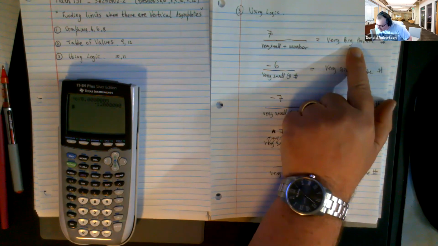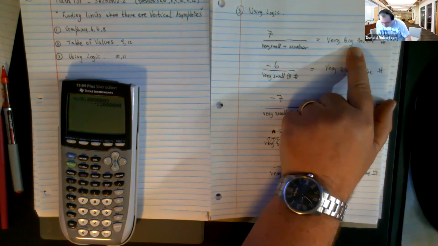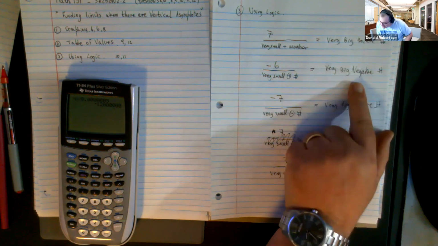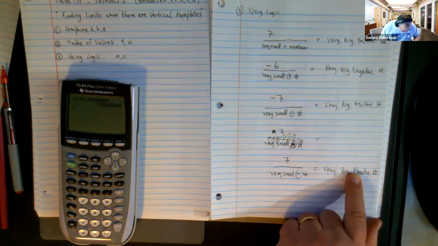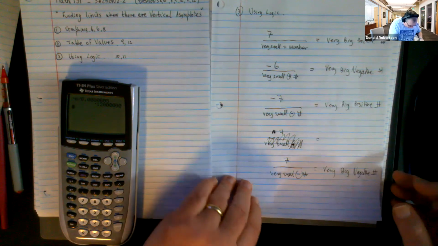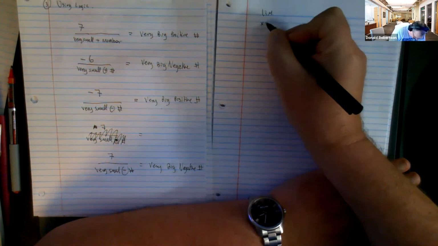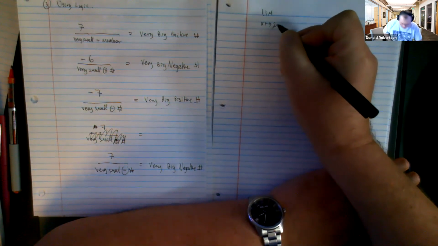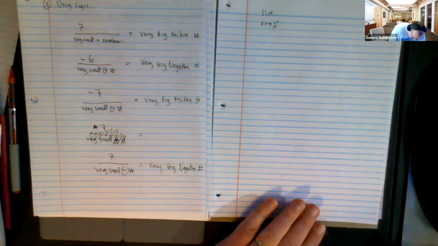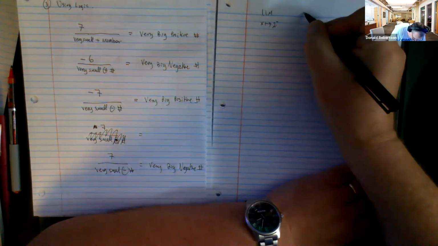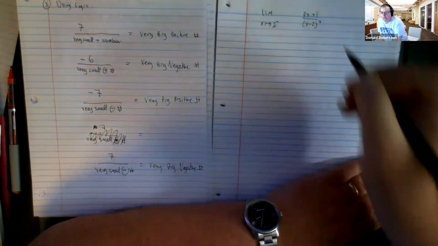How about positive infinity? Or negative infinity? So let's do a logic question now and see how that would be implemented. Suppose you were being asked to find the limit as x tends to the left, so a left limit of 2 of 3x plus 1 over x minus 2 squared, right?